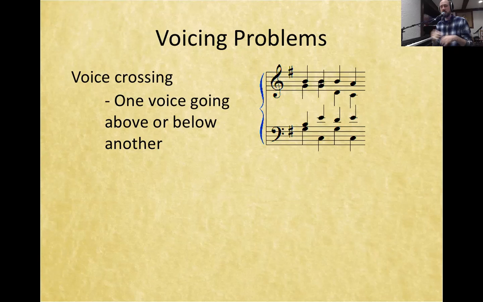Voice crossing, we define as one voice going above or below another one. And this connects to that idea of us saying that these voice parts aren't just a way of designating who's going to sing what note, but they connect to discussions of function and purpose, right? So we said that the soprano part is the melody.